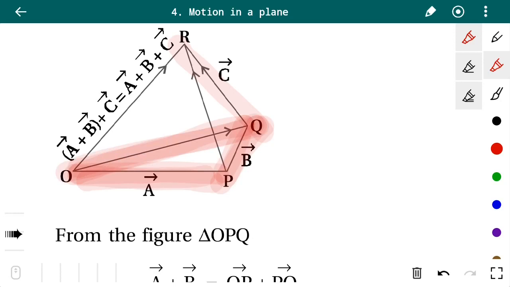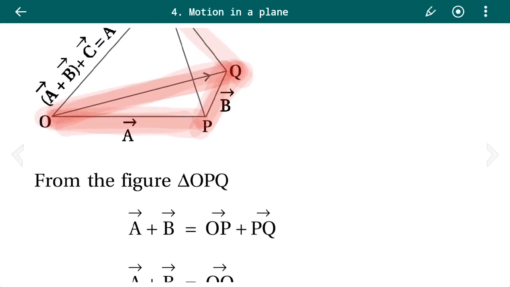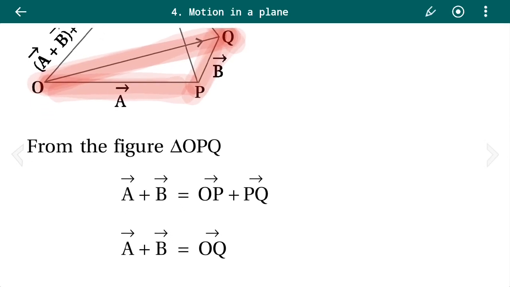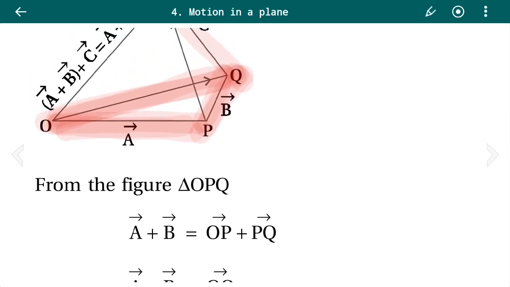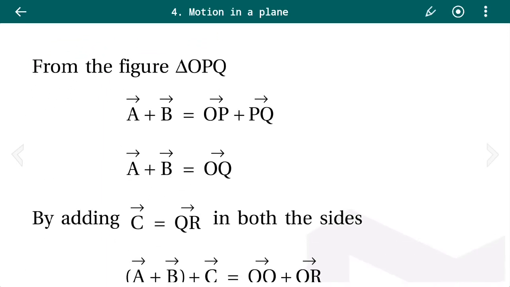So for this triangle OPQ, vector A plus vector B is equal to, I can write it as vector OP plus PQ, which is nothing but equal to OQ. So vector A plus vector B is equal to OQ.